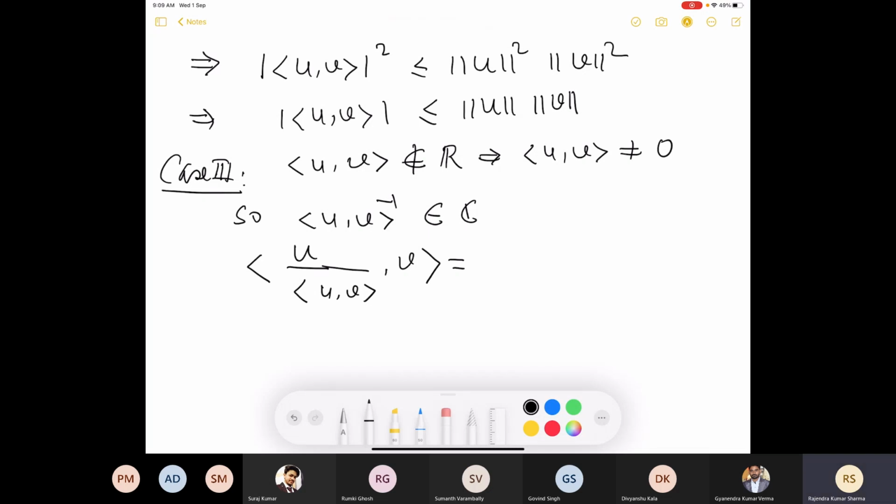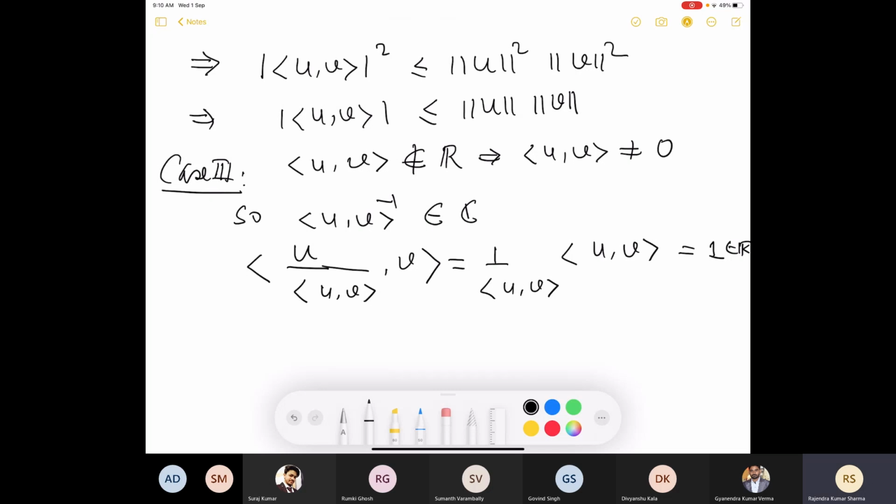So this scalar comes out of the first coordinate. So this is of the form alpha (u, v), where alpha is 1 by (u, v), times (u, v). And this is definitely 1. And now this is real, and 1 is real. So what we have got is that (u/(u, v), v) is 1 and is real.